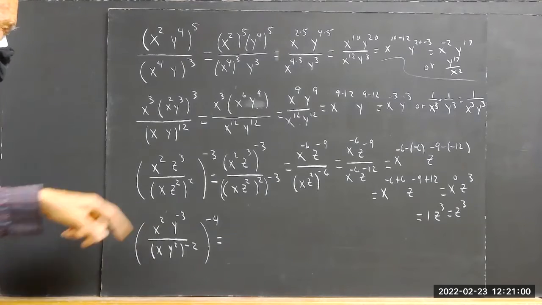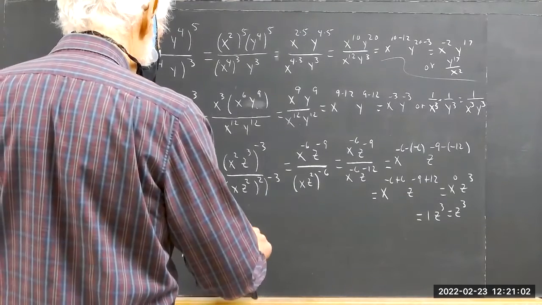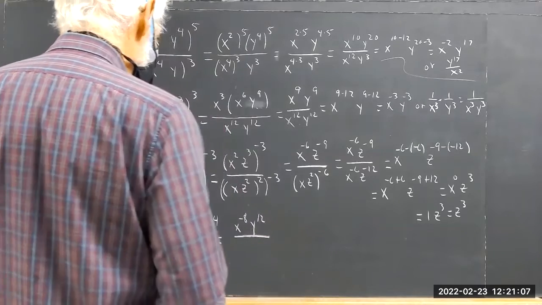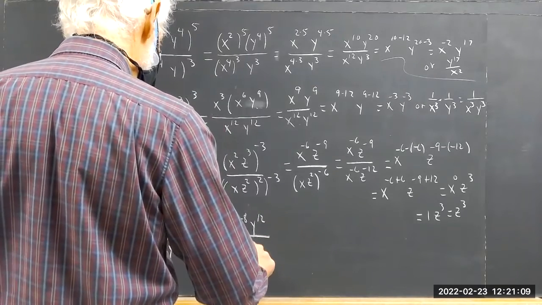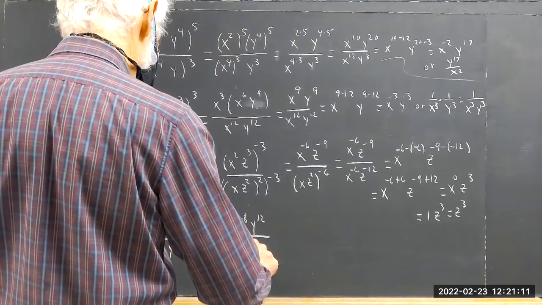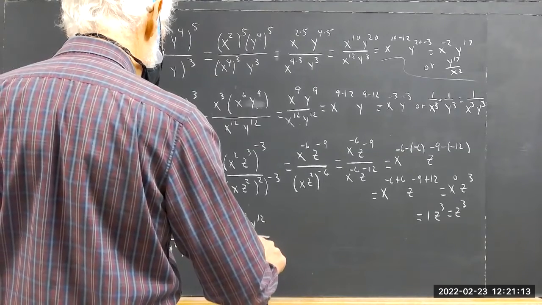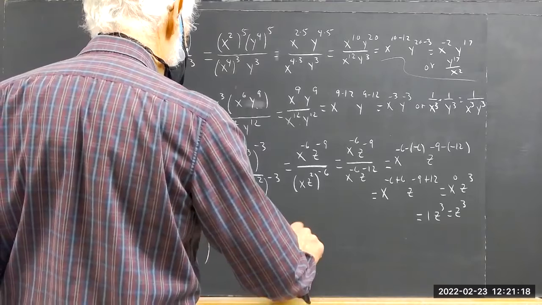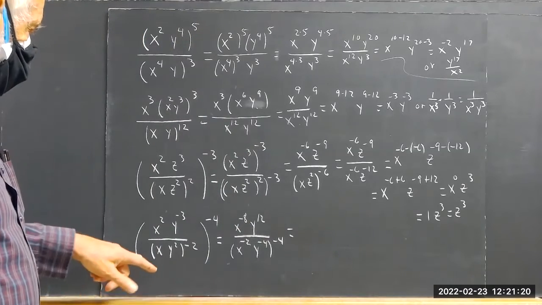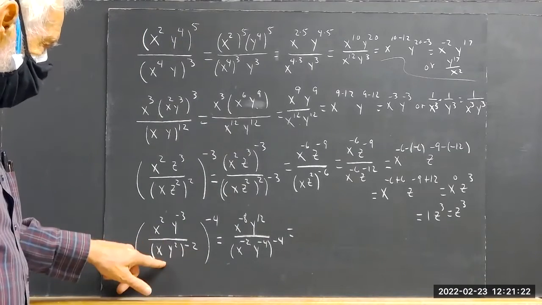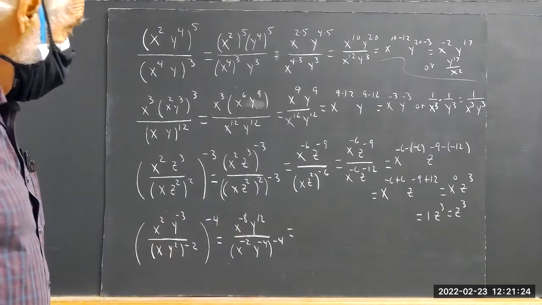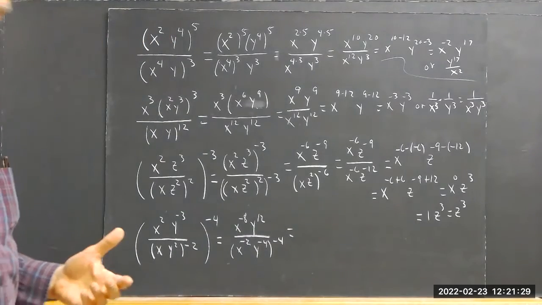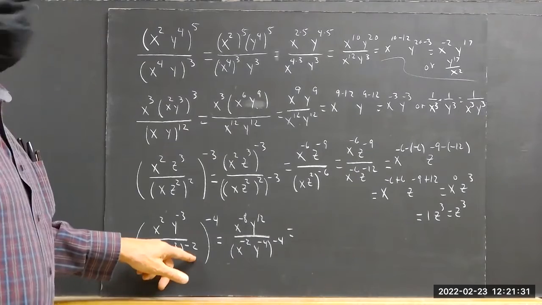Okay. So here we have this, and just real quickly, that's going to give you x to the negative 8, y to the 12, over x to the negative 2, y to the negative 4, to the negative 4. Now this time I worked out the denominator before I did the negative 4. It wouldn't make any difference if I did xy squared to the 8th.